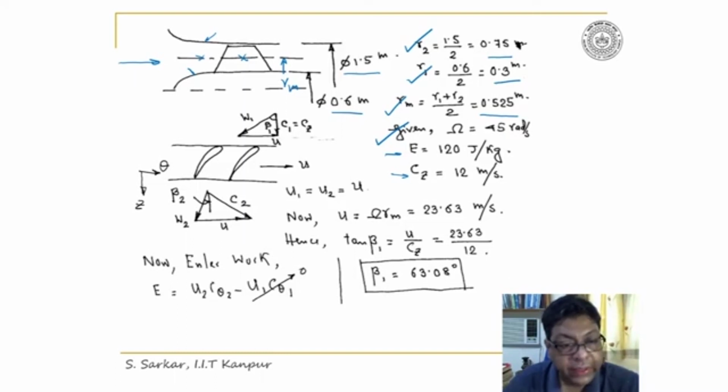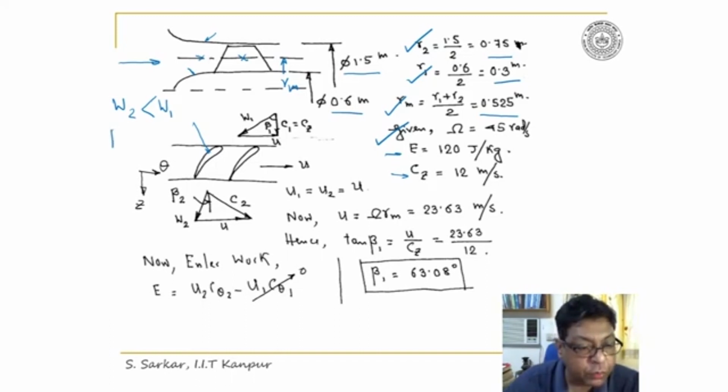Now, if I take the circumferential section at the mean section and stretch it on the plane of the paper, I'll get the aerofoils. These are the blades, and since these are pump impellers, the flow will decelerate. Hence, W2 will be less than W1.